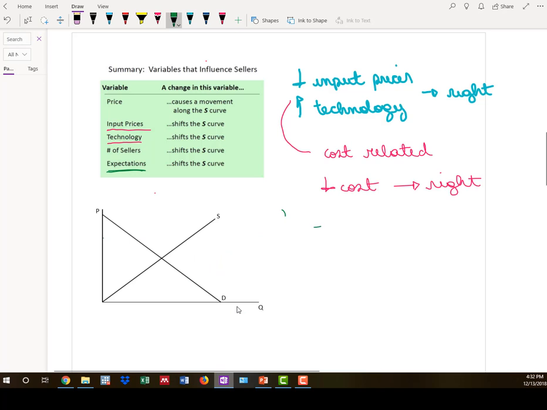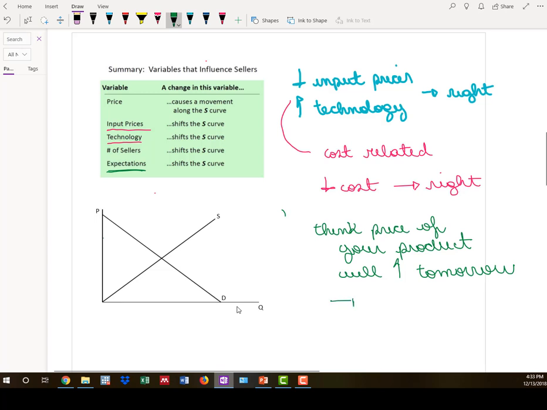So let's say you think the price of your product, not of the input, but of your product, will increase tomorrow. Now what would you do? You think, well, instead of selling all the gasoline today, I'm going to wait until the prices go up tomorrow and then I'm going to sell the gasoline.